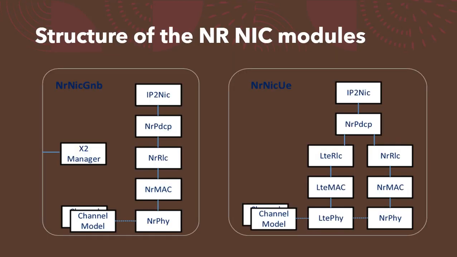You can see in this figure the structure of the NR NIC modules, where the figure shows us that the gNB compound module includes protocols up to layer 3, IP, and has two network interfaces, one implemented in the NR NIC gNB module, and one running the point-to-point protocol for wired connectivity towards the core network.